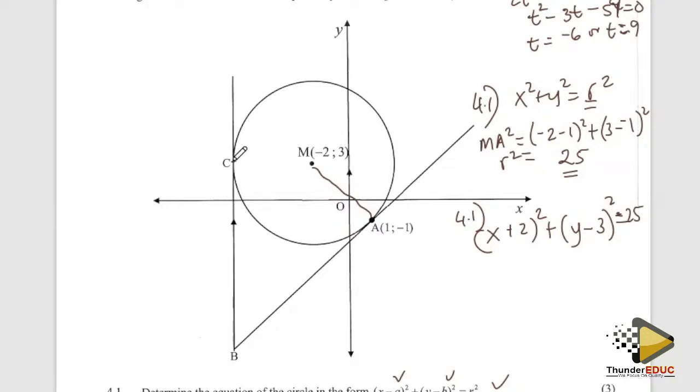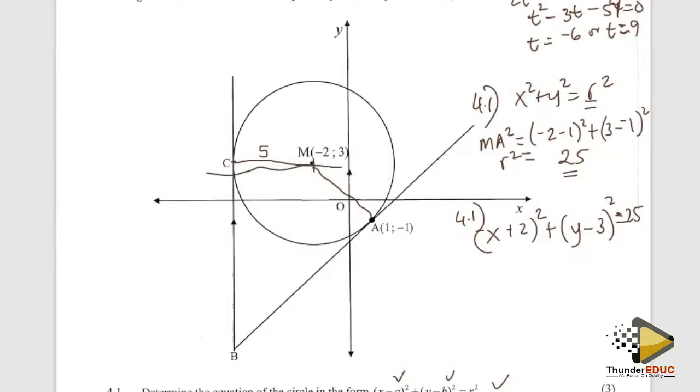Since we have our radius as 5, which means from M to C those are 5 units, we know that from negative 2 you move 5 units to the left, you're going to have negative 7. So our C is negative 7, and then the y will stay the same as 3, since they told us it's parallel to the y-axis. So it's negative 7 and 3.